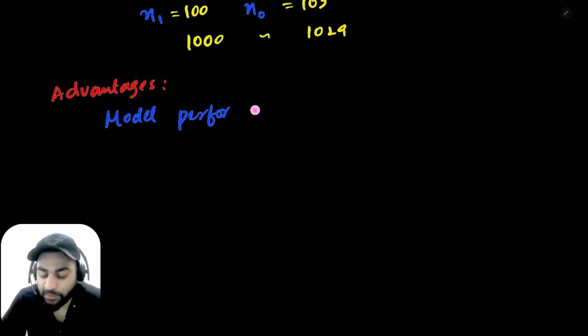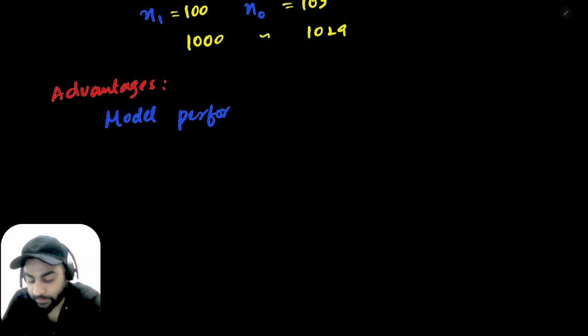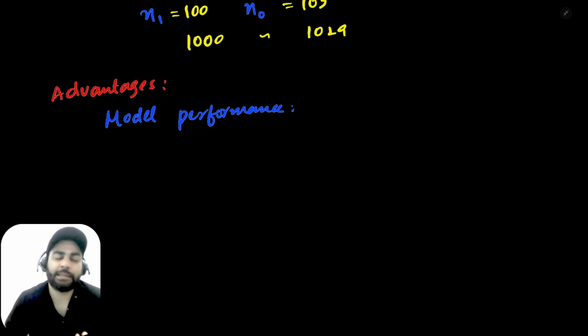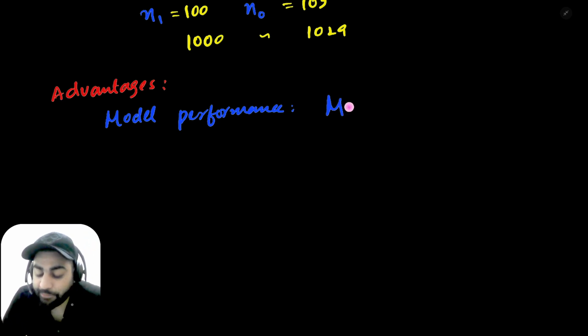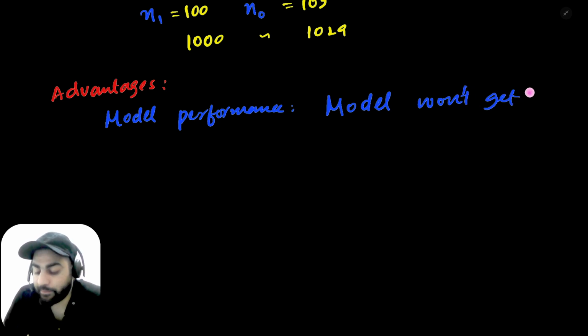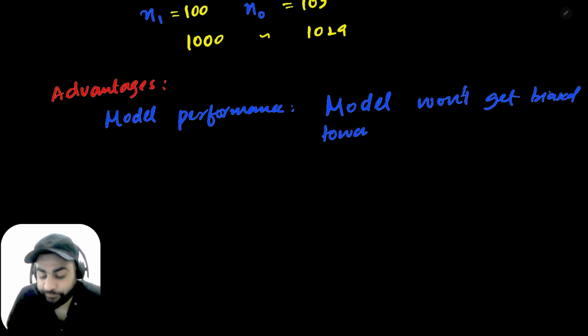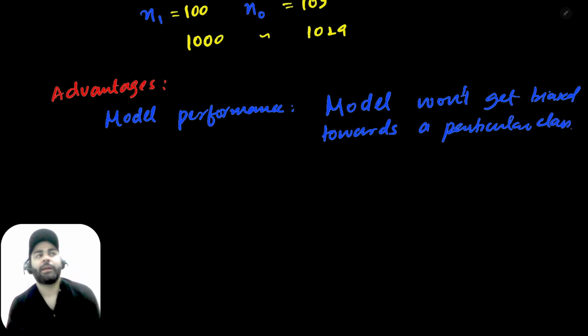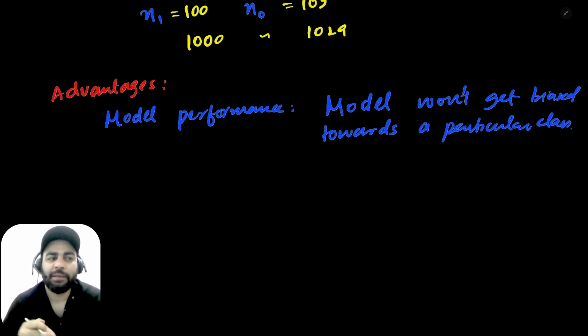So mostly what will happen in this type of setting is the model won't get biased towards a particular class. This is like, for example, if somebody has seen a particular behavior in his or her environment, maybe he or she will create a bias towards that.